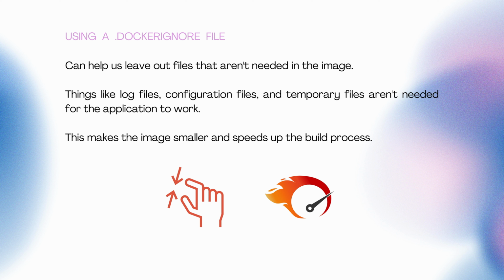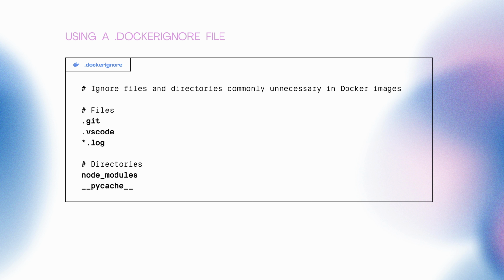So here's also an example for you of how a .dockerignore file could look in practice. In this example, we have files such as .git, let's say .vscode, something that we could come across on a daily basis, considering using Visual Studio Code, or any files with the extension .log, which are going to be ignored as they're part of the .dockerignore file.